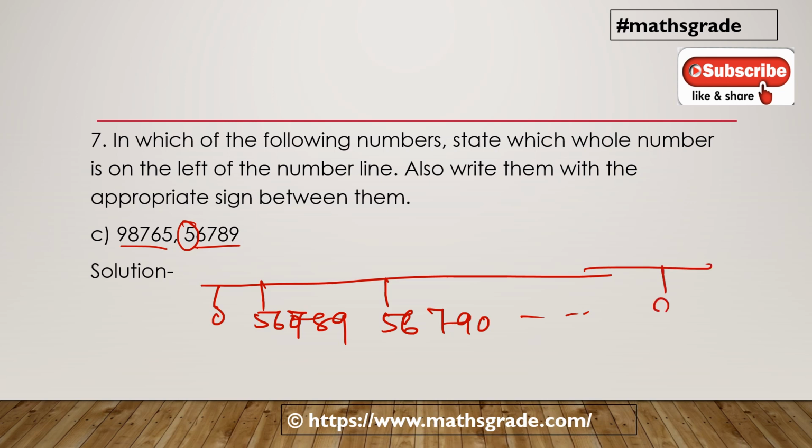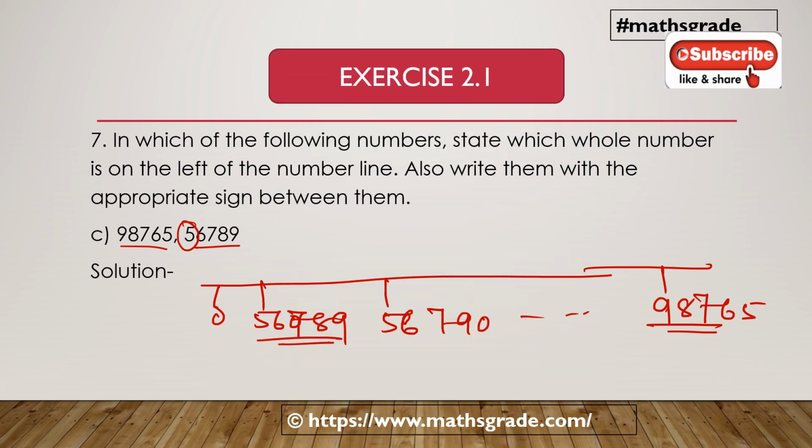Then suppose this is 98,765, and 98,765 is the bigger number than 56,789, because 9 is greater than 5.